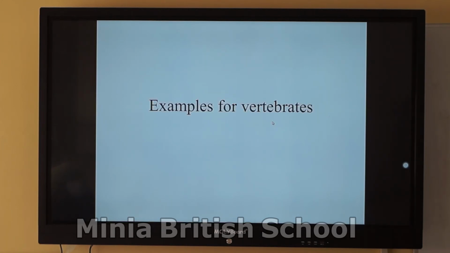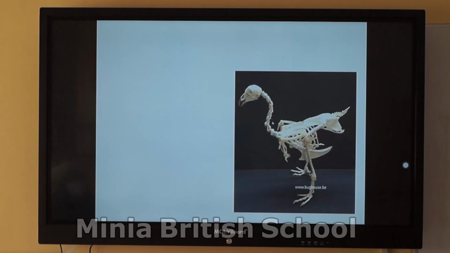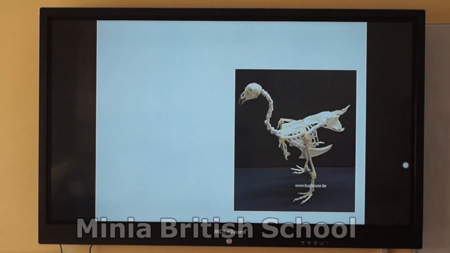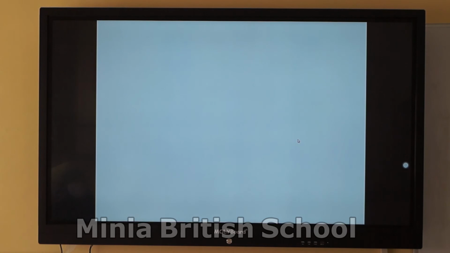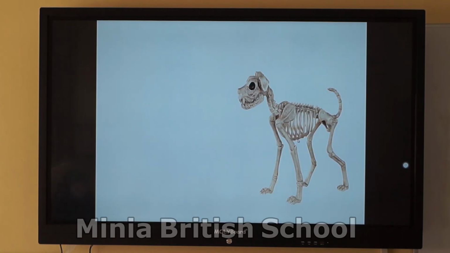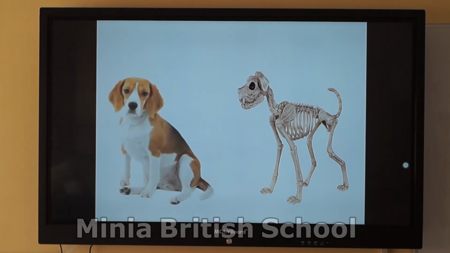Okay? First one. Can you guess what is the animal? Yes, it's a chicken. Next one. Can you guess? I think this is a dog. Yes, it is a dog.